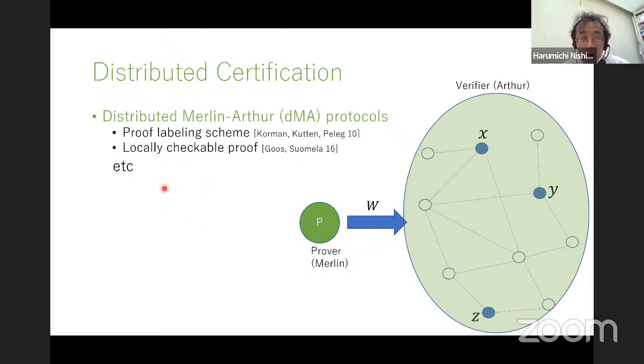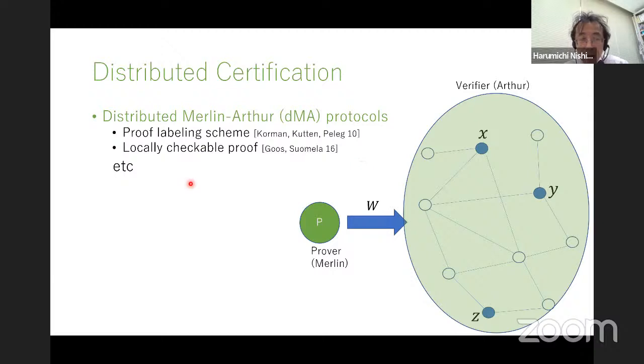Now we consider the distributed version of this protocol. The difference is the verifier part. Now the verifier consists of the network, so the nodes cannot easily communicate with each other.